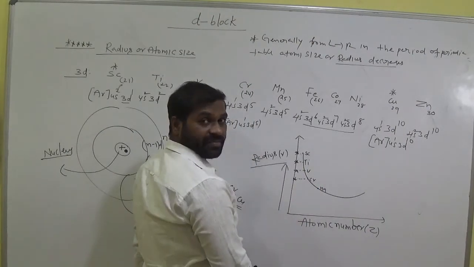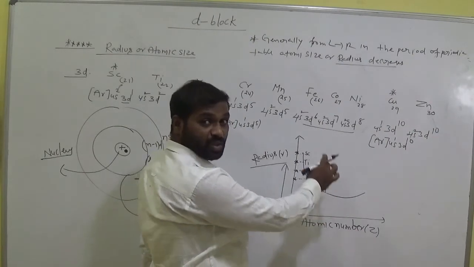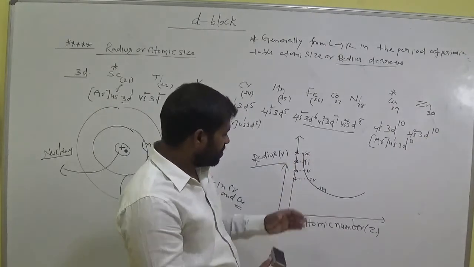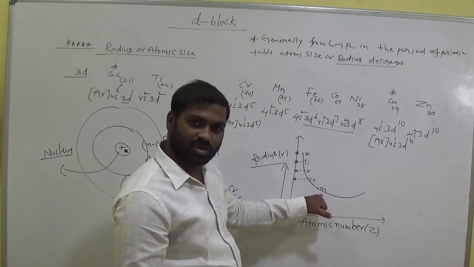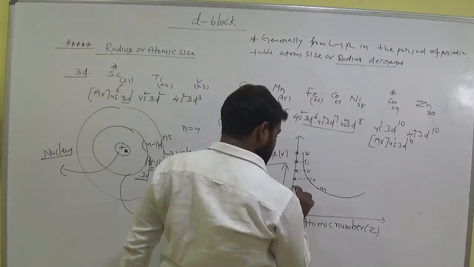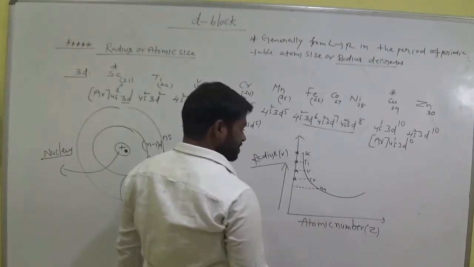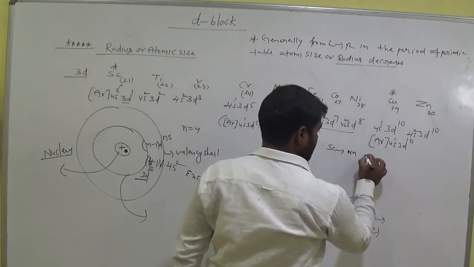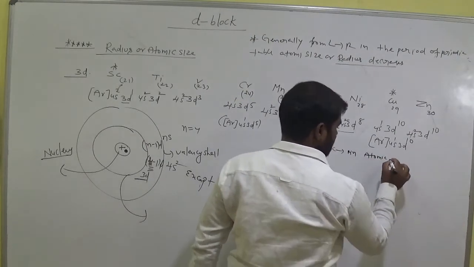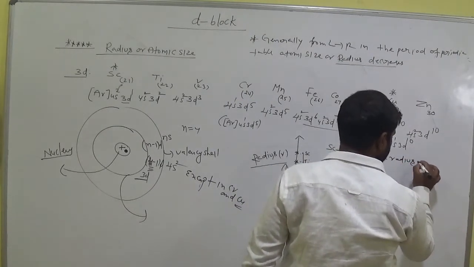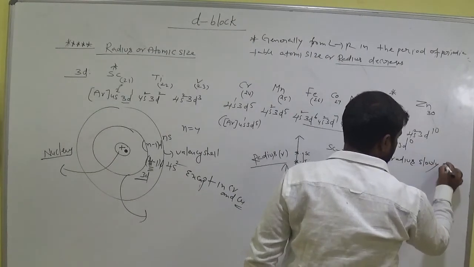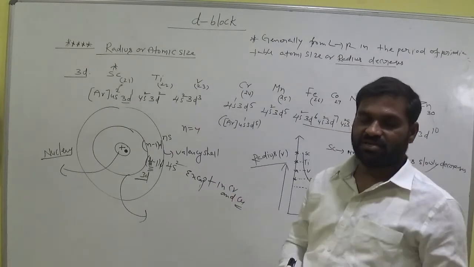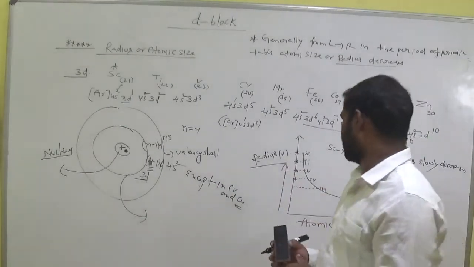Scandium to manganese, what happened? Atomic radius gradually, slowly decreases, am I right? Atomic radius is high for scandium, and it decreases very slowly, not very much.